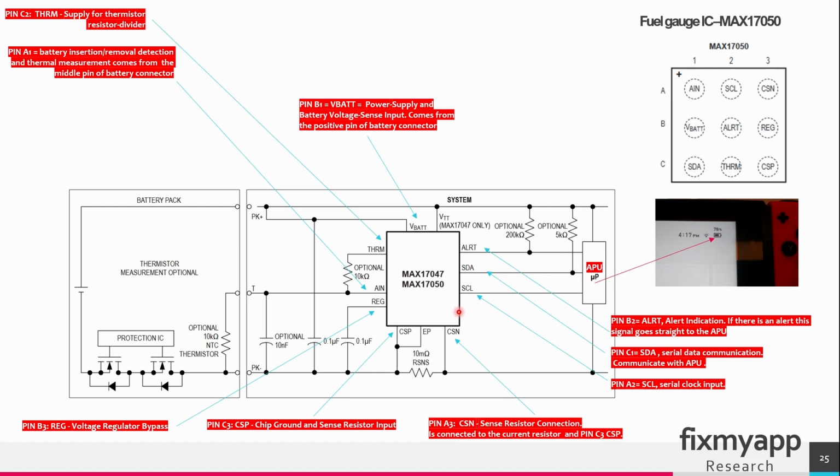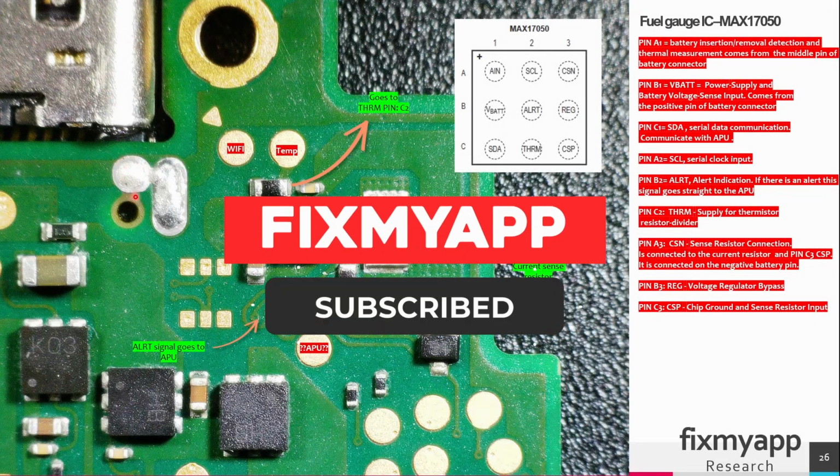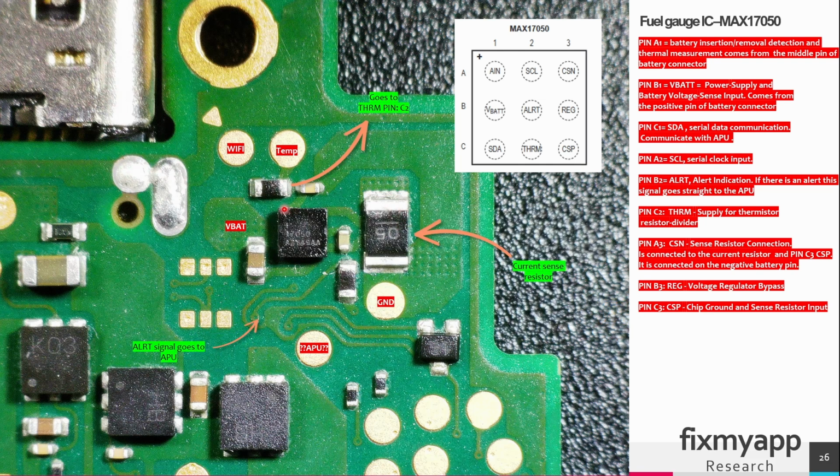Also, if you have some water damage or there's some corrosion in this IC, or this IC is shorted, it will also prevent the console from booting up. The fuel gauge IC is located on the backside of this Nintendo Switch mainboard. It's located near the USB port, and you can recognize it by this IC and this current sense resistor.